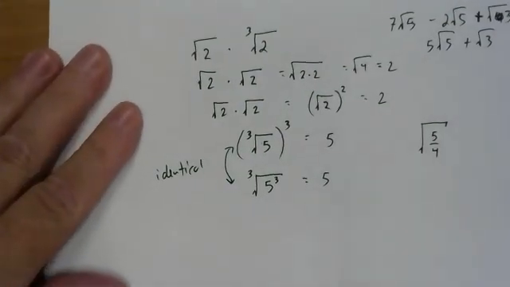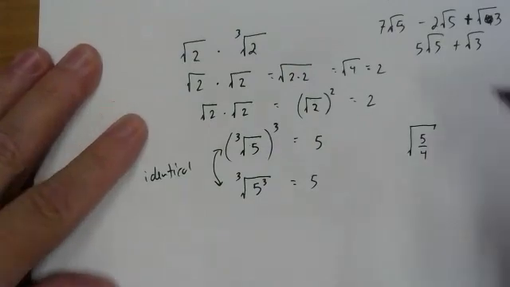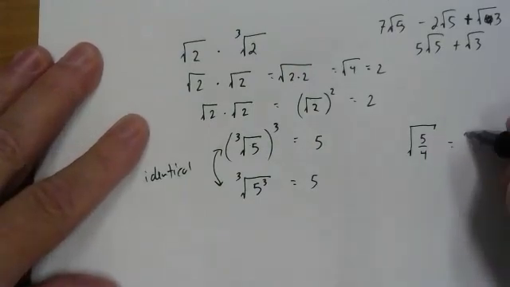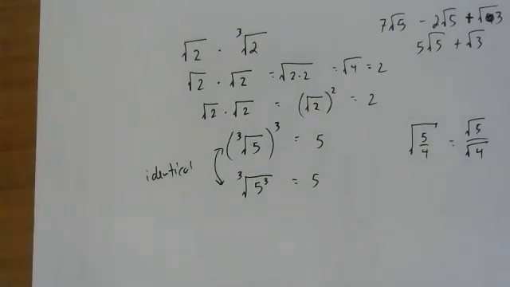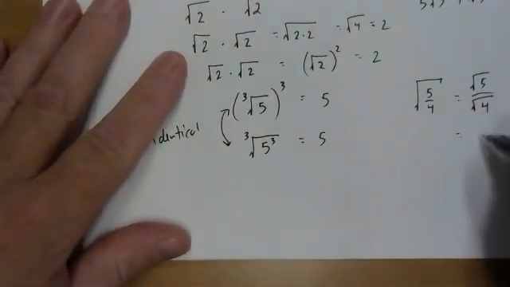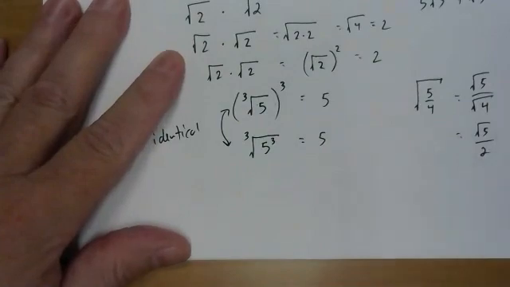One of the ways we can simplify something like this, you break it up into two separate square roots. So in this case, we could say square root of 5 over square root of 4, which is 2.